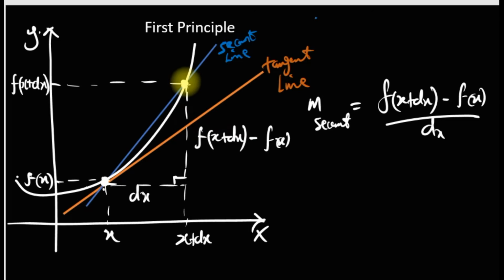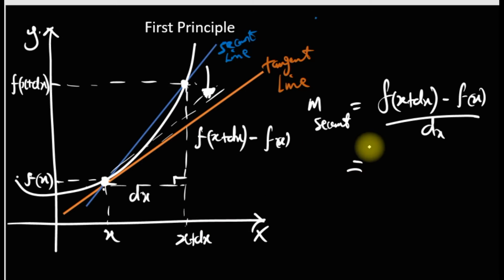How do you make this second line look like the tangent line? We make our second line approach the tangent line, and as it's approaching, you notice that the dx is going down to 0. So this is closing up to this point. As it's going down, there will be a time it will coincide with this.